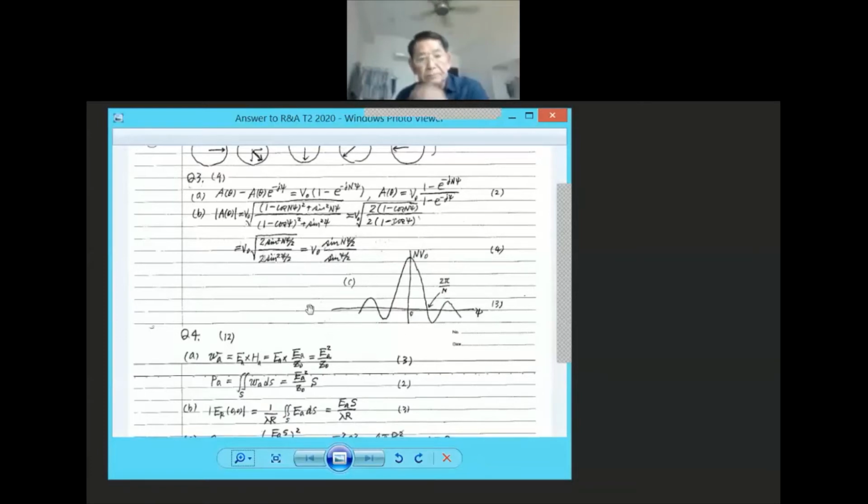The figure of this function looks like this, and the maximum value becomes n at 0, and the null point becomes 2 pi divided by n. This is the answer of question 3.